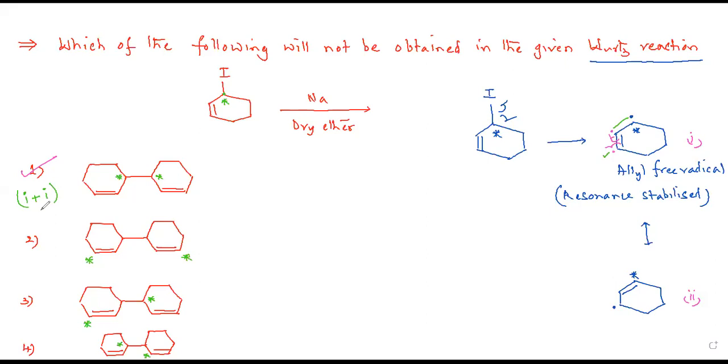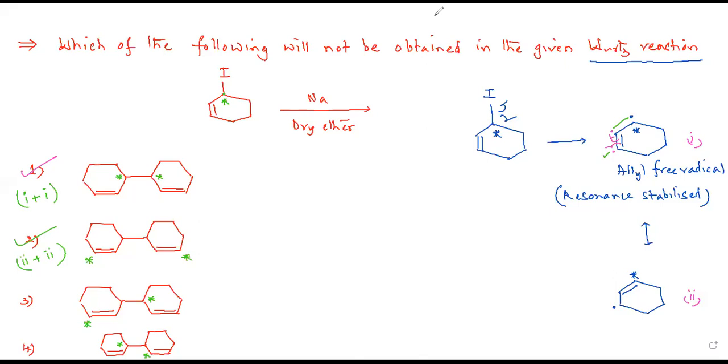Now, what if two free radicals of the second type are added? Okay, it is this. Two free radicals of the second type are added. Now the connection will be here. Then we have only one possibility.